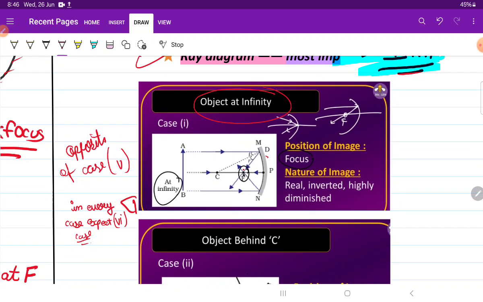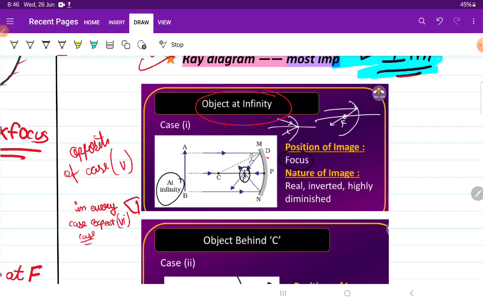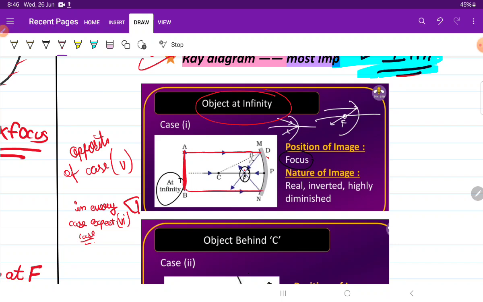If we place the object at infinity, then the two light rays, this is first and this is second, will meet at a point, and at that point the image will be formed. This ray is parallel to the principal axis, so it will pass through the focus.